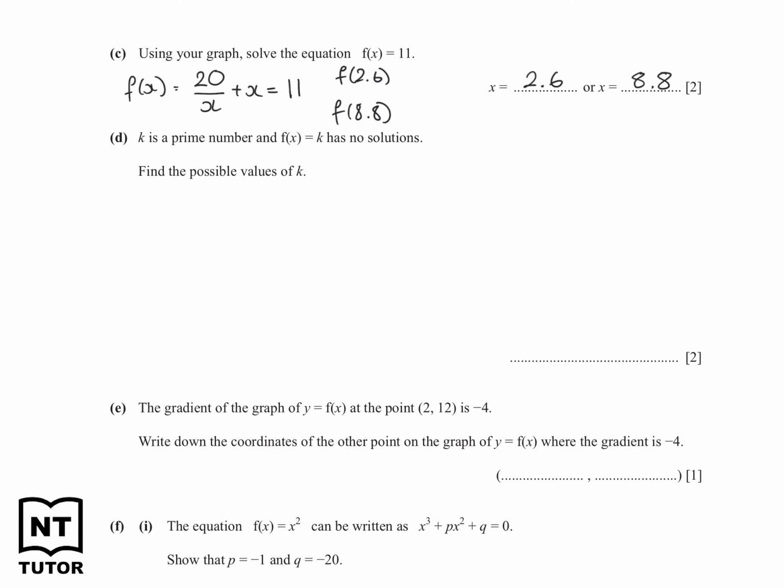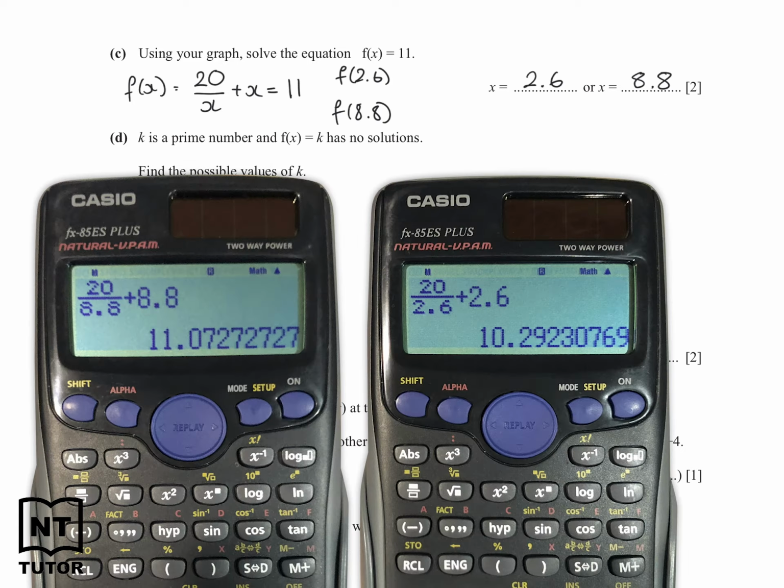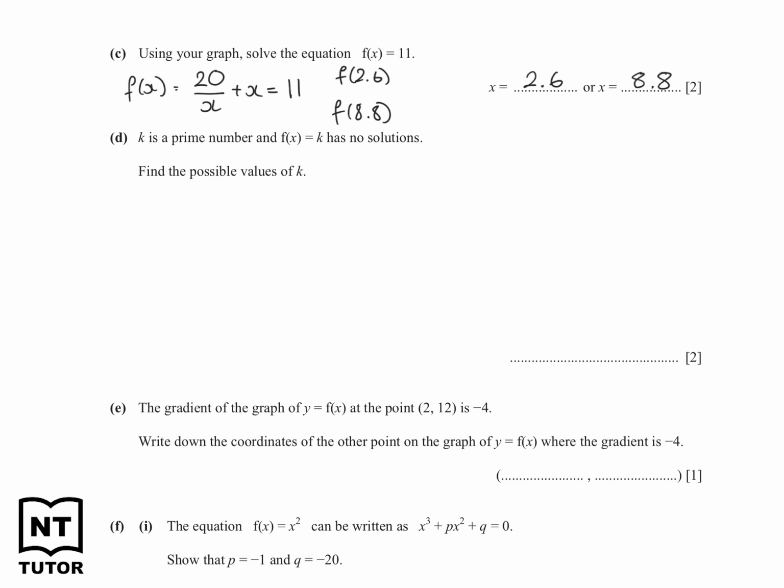Do these substitutions equal 11 or something close to 11? It's important to remember that when you get your answers from a graph, it's an approximate answer because of the curve that you drew. It might not be 100% accurate, so getting a value that's close to 11, or plus and minus 1 from 11, is acceptable.